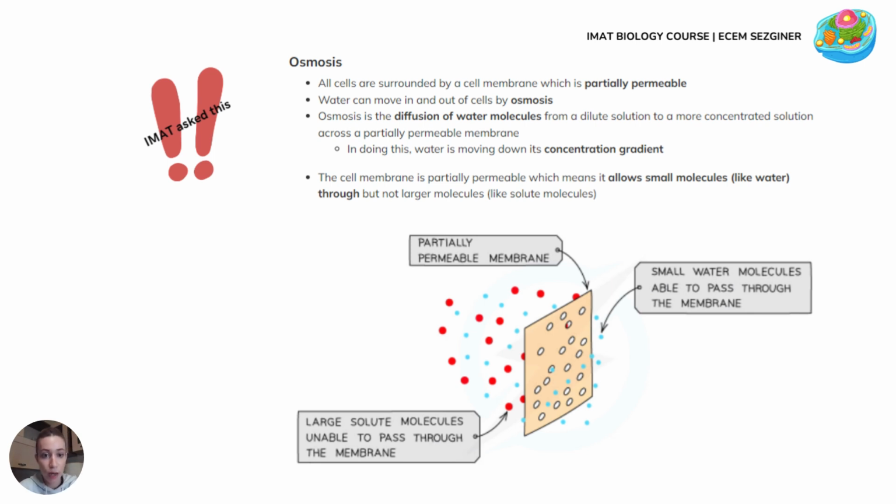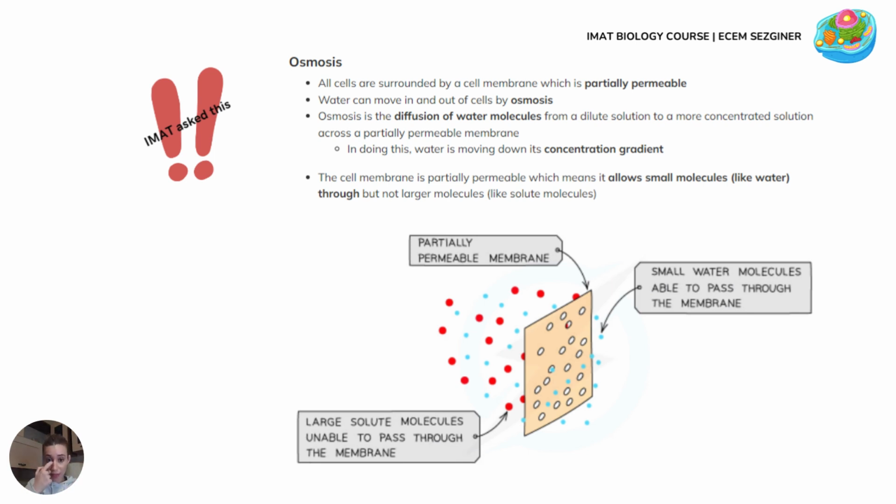Water can move in or move out by osmosis, and osmosis is the diffusion of water molecules from dilute solution to more concentrated solution. So what did I say? Dilute means it has less concentration, and the movement happens from dilute solution to the more concentrated solution.